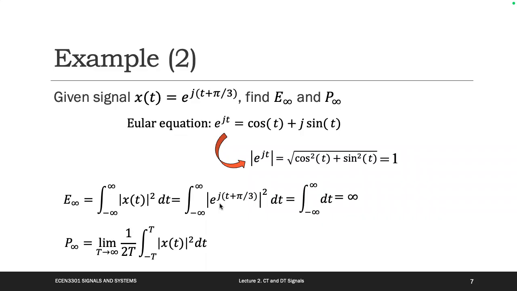Okay, let's talk about the power. Power, which means we just use this equation, and then we put this one in, and this one we know is equal to 1, right? We get this one. Actually here it writes 1, but it's the same thing.